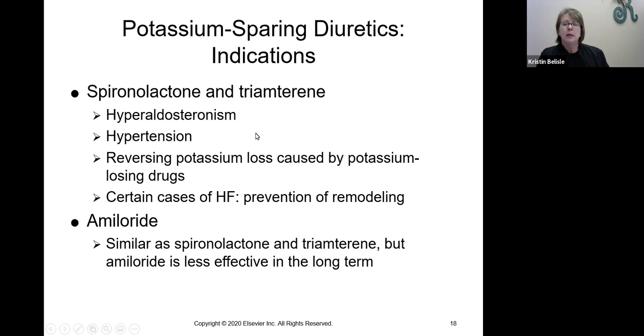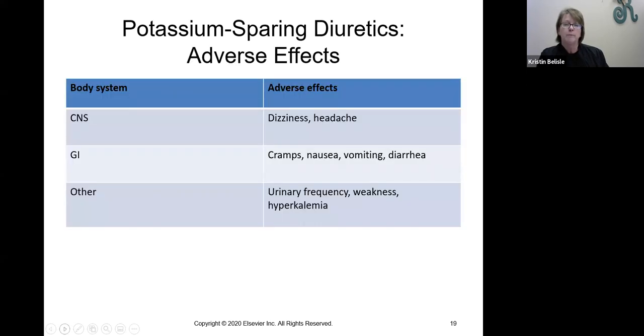That is the only one I really want to talk about, so that you understand what's going on. Okay. The potassium sparing diuretic adverse effects, once again, affect all. Notice that nausea, vomiting, and diarrhea are normally in almost all adverse effects. It is going to cause urinary frequency, weakness, and it can cause hyperkalemia.